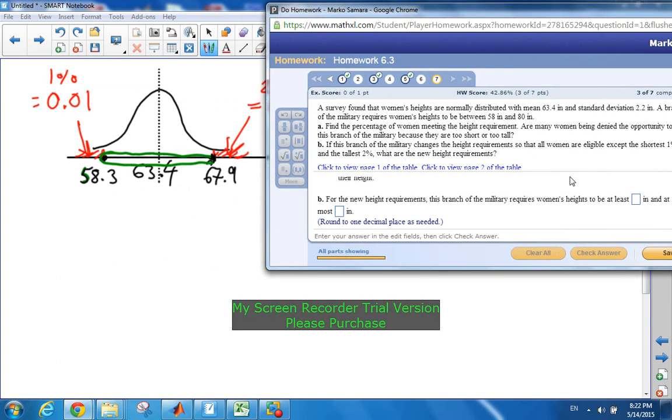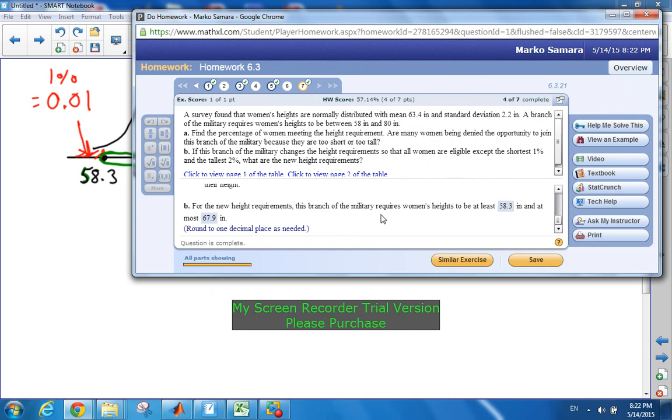So for the new height requirements, this branch of the military requires women's heights to be at least 58.3 and at most 67.9. Okay. All right, that's section 6.3.